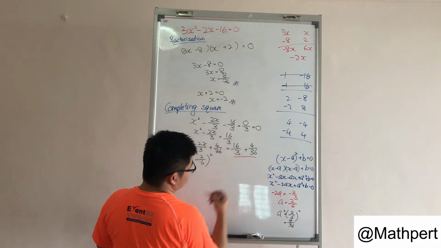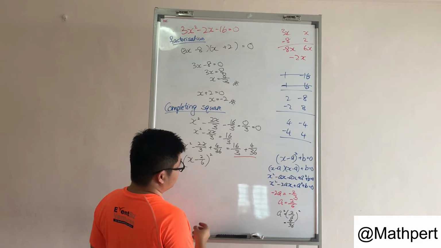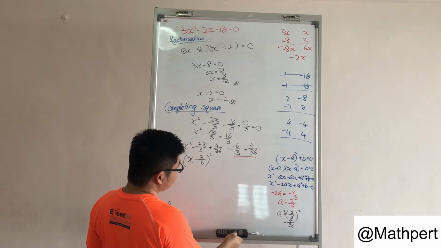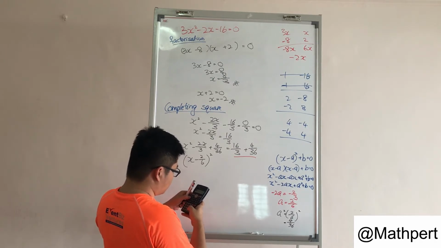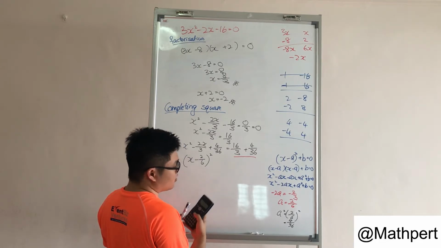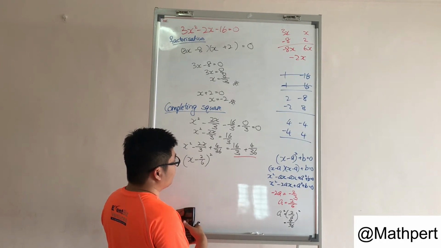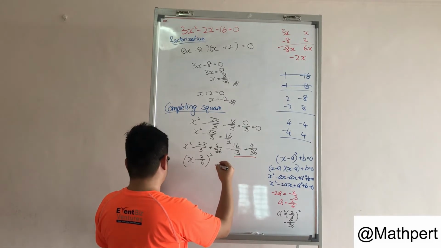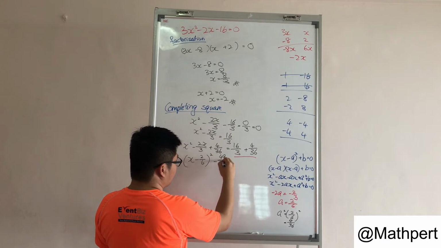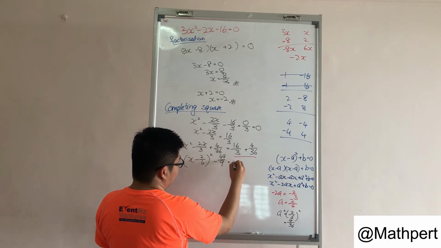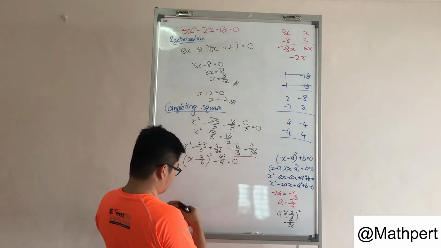This whole thing is equal to b. So we use our calculator: 16 over 3 plus 4 over 36, we get 49 over 9. We move it to the left hand side, and we get negative 49 over 9 equals 0.